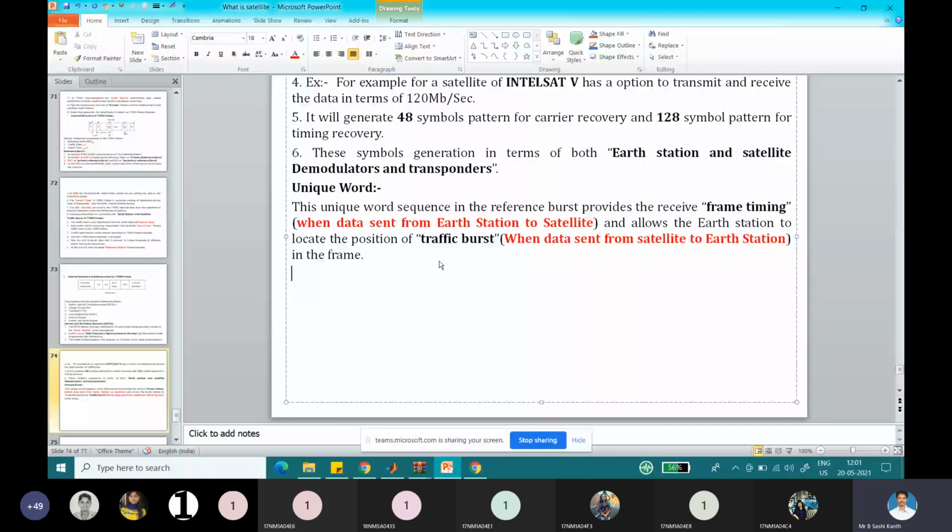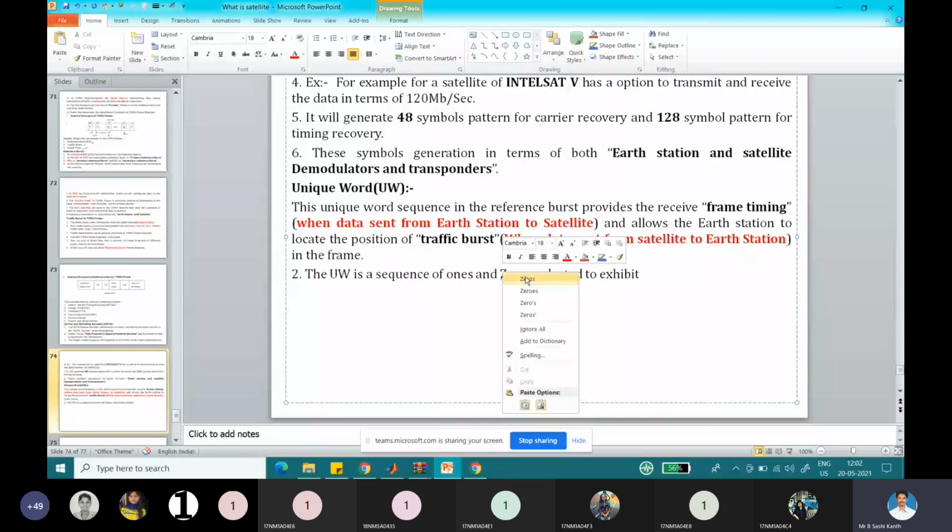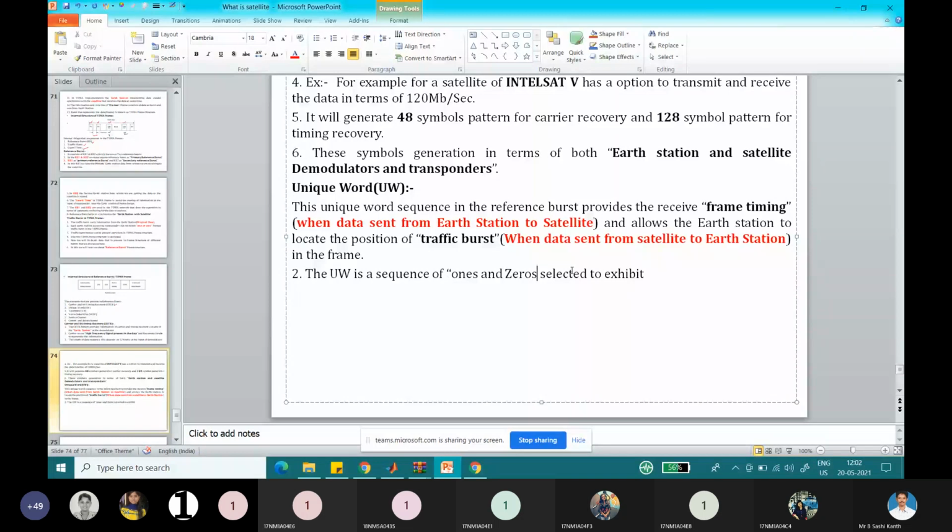So the second point is that the unique word, UW, is a sequence of ones and zeros, selected to exhibit good correlation properties to enhance detection.